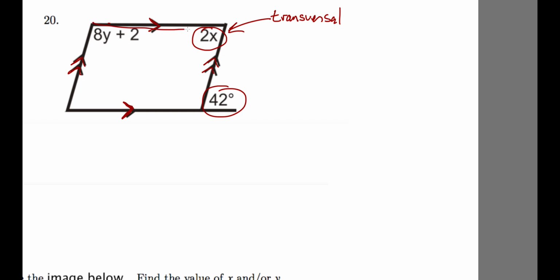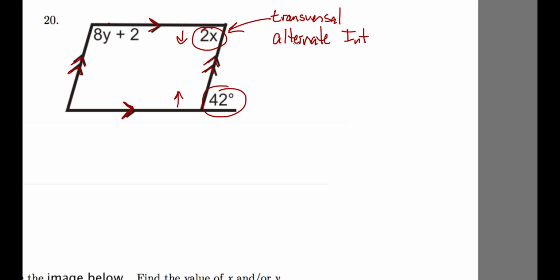These are my parallel lines here, right? And so these two angles are interior of the parallel lines, and they're on alternate sides of the transversal. So these are alternate interior angles.